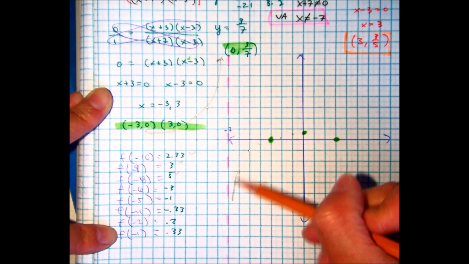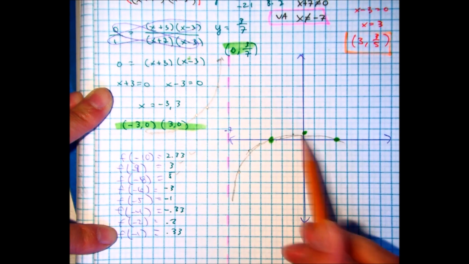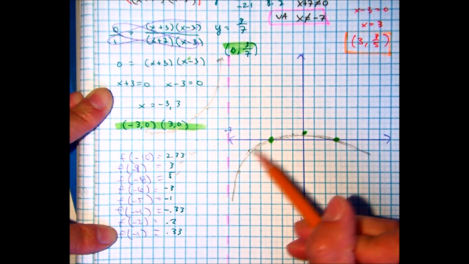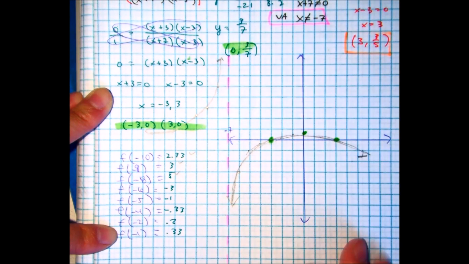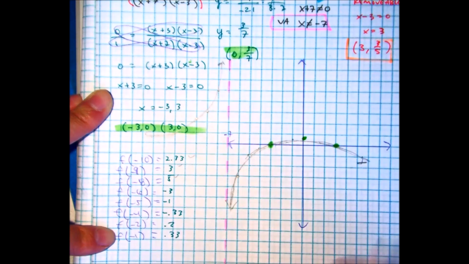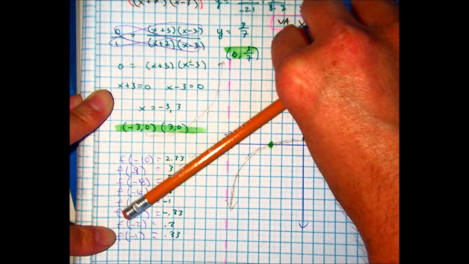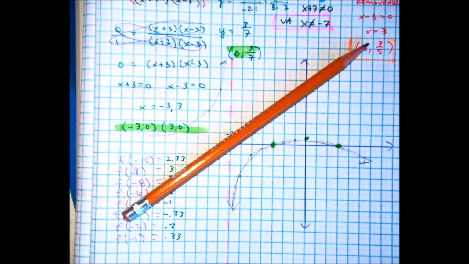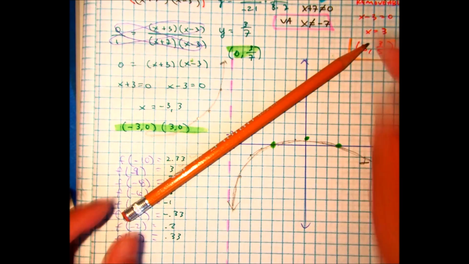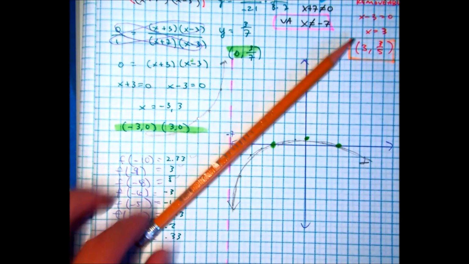You see it? Something like this is happening. And it looks like if you put your pencil this way, everyone say slant asymptote. There is a slant asymptote, but we're not going to learn about that in this class.